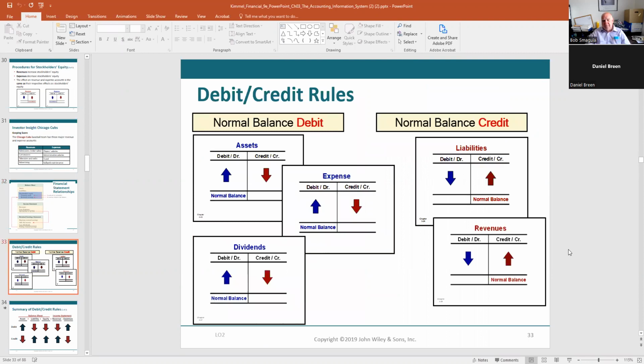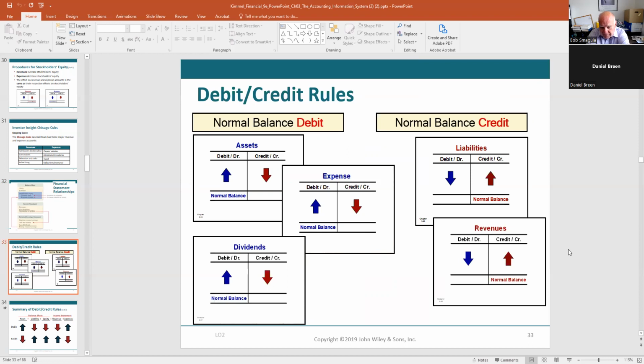Here's a grid. Here are the 5 things you've got to memorize. This is it. 5 things: assets, expenses, and dividends have normal debit balances. Assets, dividends, expenses.